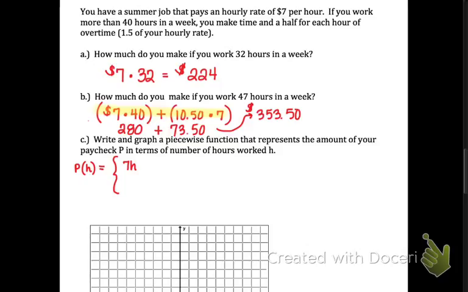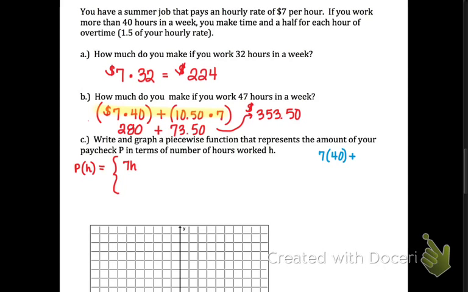We did 40, and then we got 7 for the second time because that was 47, take away the 40 hours that were not overtime. So we could think about this as I'm going to have 7 times 40. We're not going to use H this time because we know how many hours of regular time we had to have worked to get to overtime.